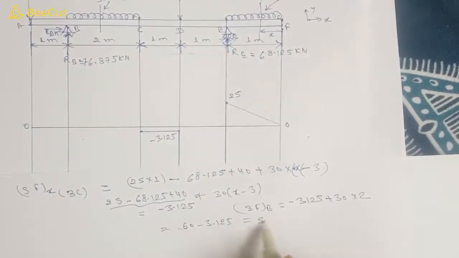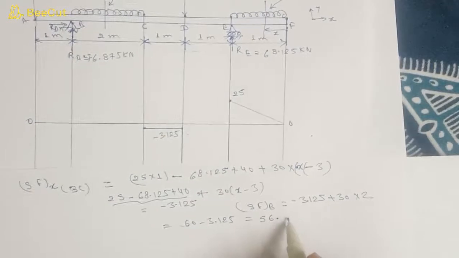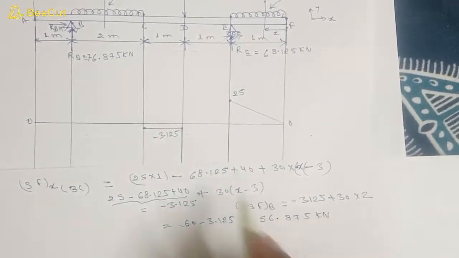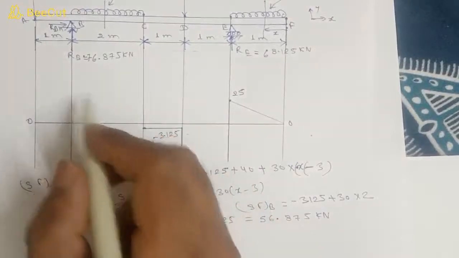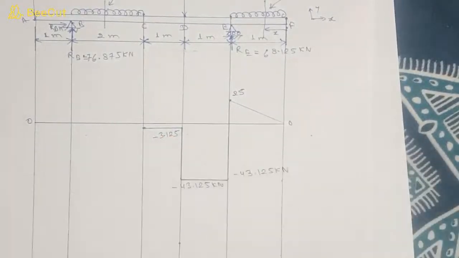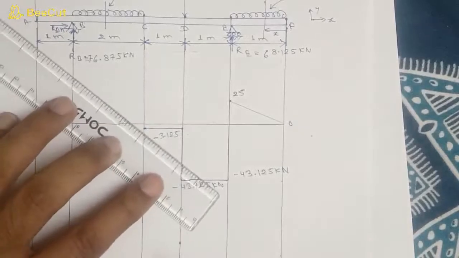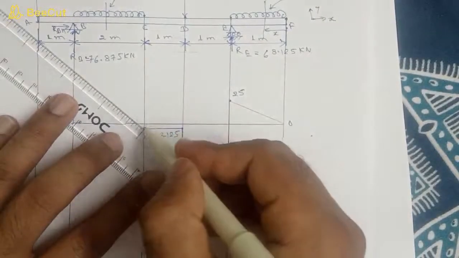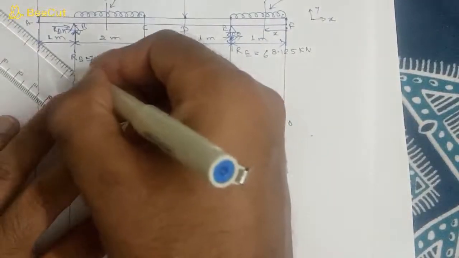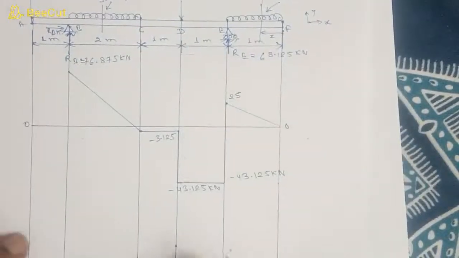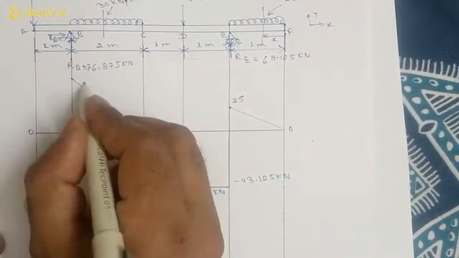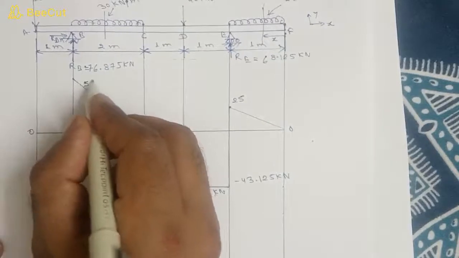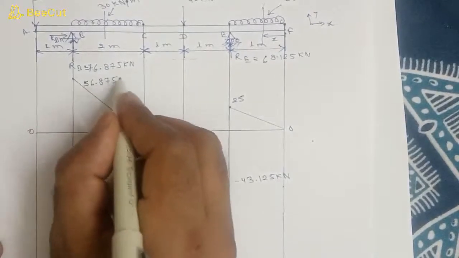So we will get 56.875 kilonewton, and it will vary like an inclined line. So I will draw it. So we have drawn it. This is 56.875 kilonewton.